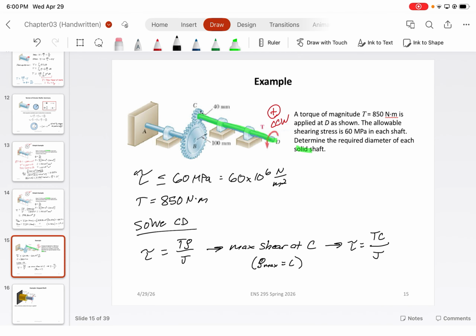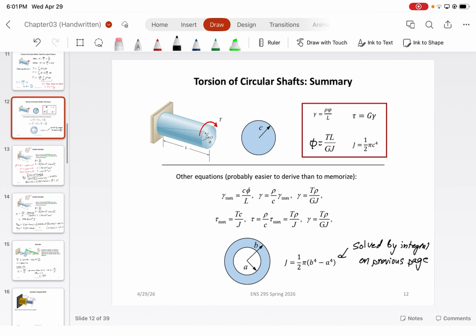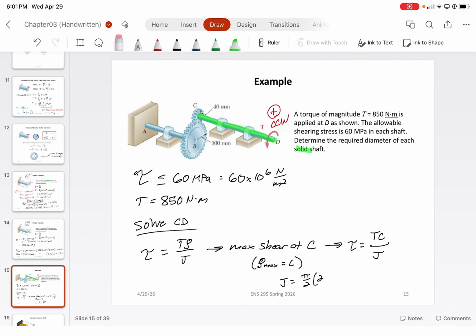Now J is just a property of the entire cross section. So J in this case would just equal pi over 2 times, I believe it should be 2 times C, if I'm not mistaken. Where was our equation? Yeah, the outside radius to the fourth minus A. So it would just be pi over 2 times C to the fourth, right?